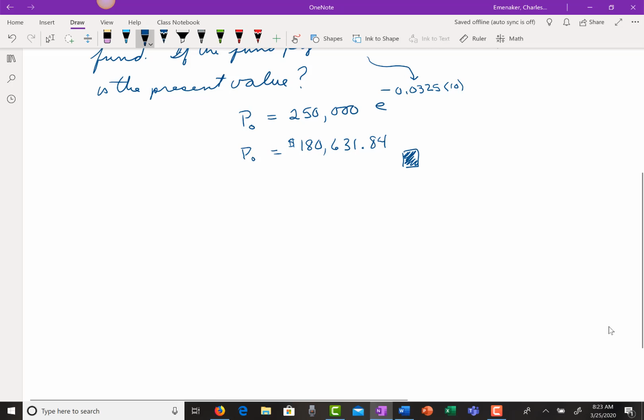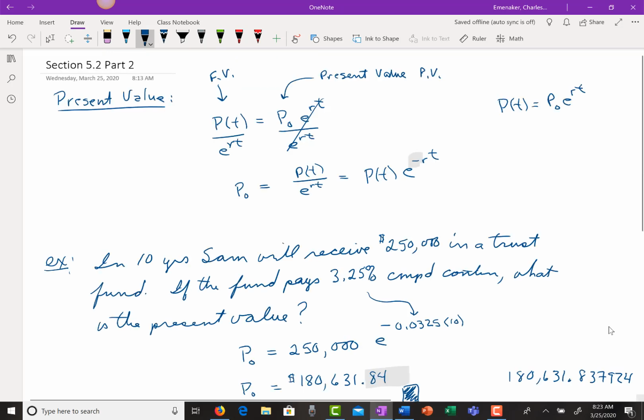is, keep in mind you're dealing with money in this case. Keep in mind what makes sense logically. Okay? Which means that you don't want to report, for example, $180,631.83792445.